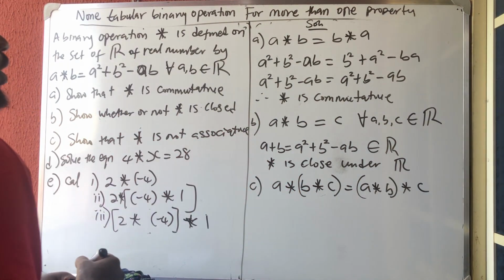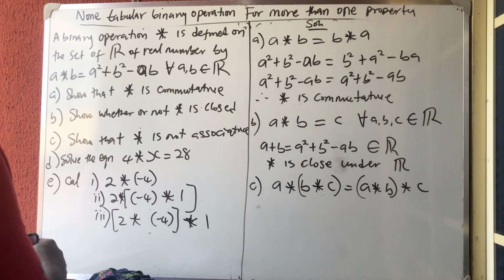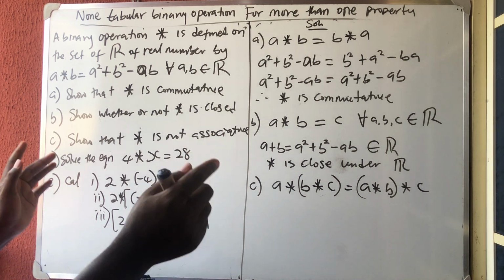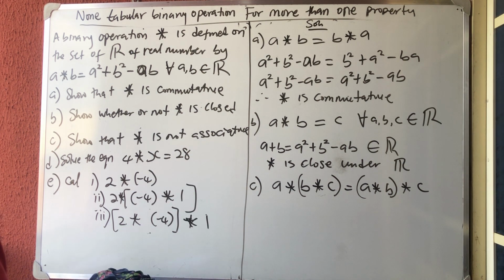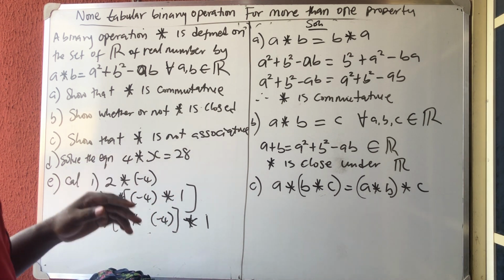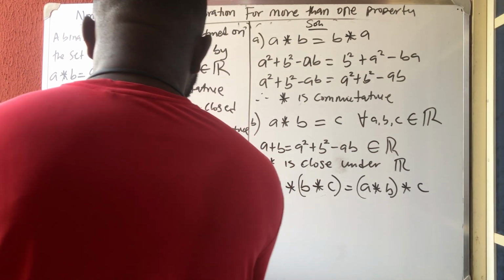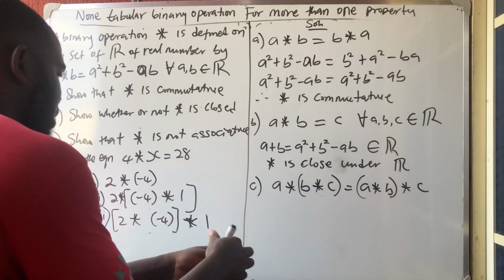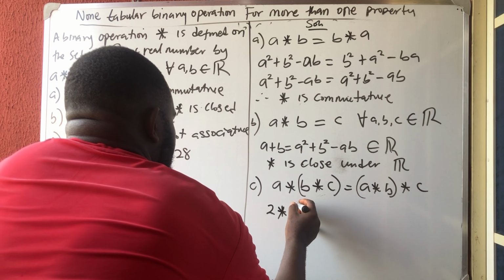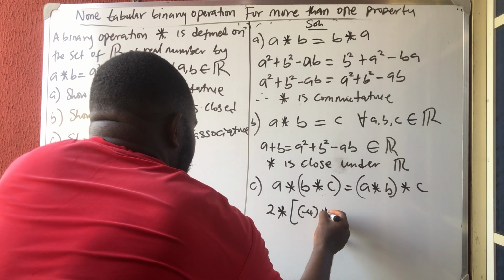Now, if they have concluded that it is not associative, what you have to do is just find any one case that will not work. From what they gave me, let me try if this one will work: 2 star in bracket of minus 4 star 1.